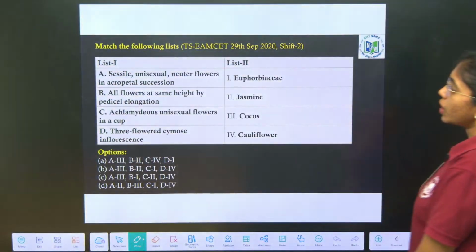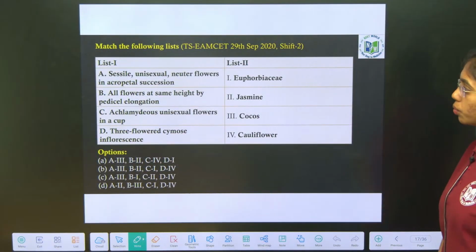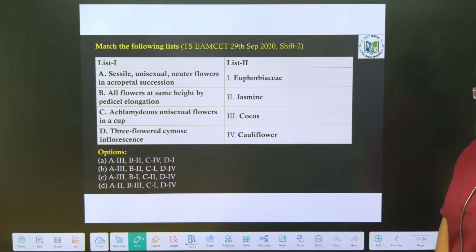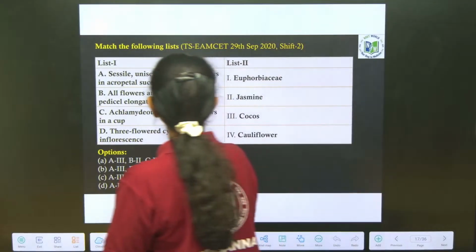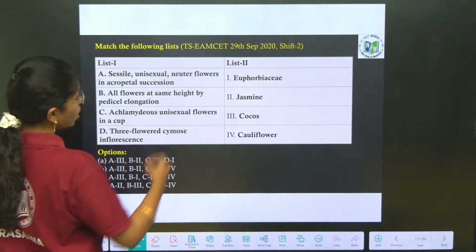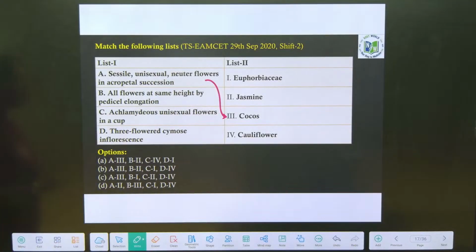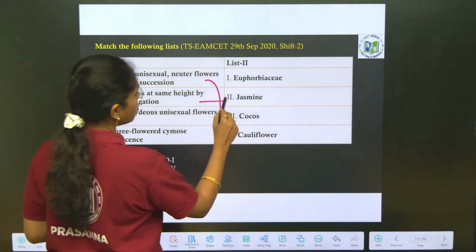Here you see, sessile unisexual neuter flowers in acropetal succession. Sessile unisexual neuter flowers in acropetal succession you can see in cyathium, that is 3. All flowers at the same height by pedicel elongation, you can see in cymose type of inflorescence, right. You can take the example of jasmine.